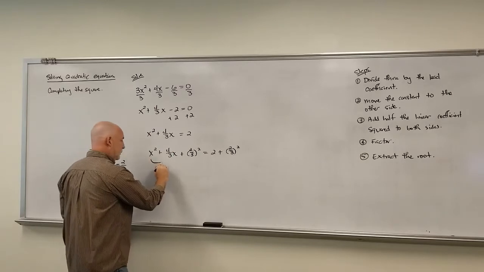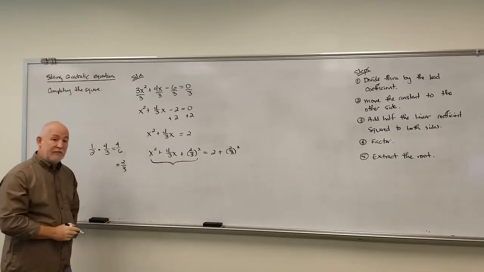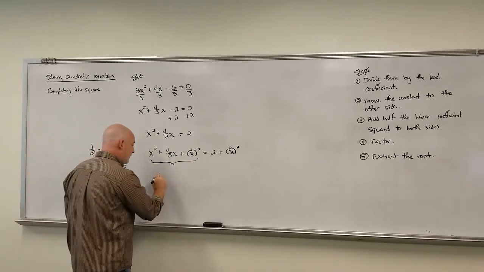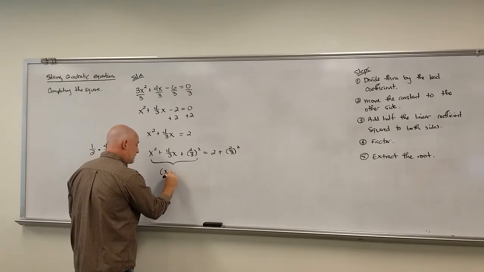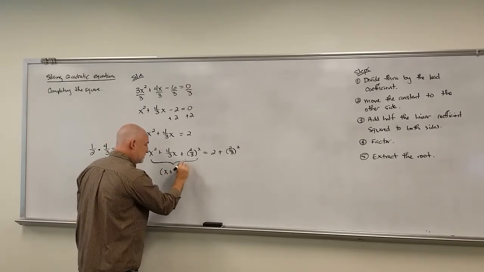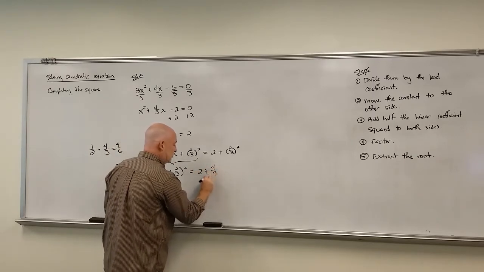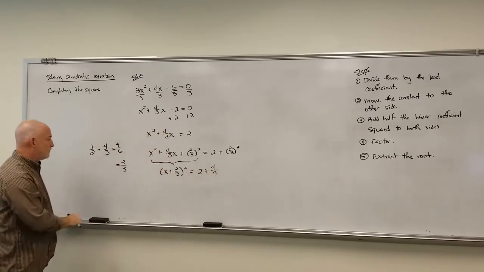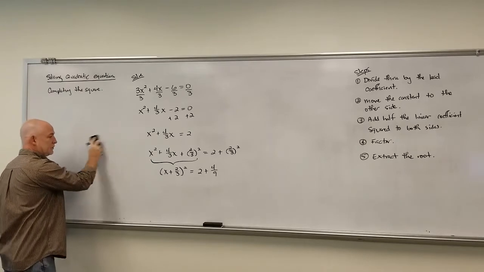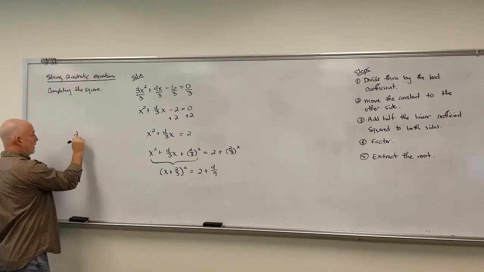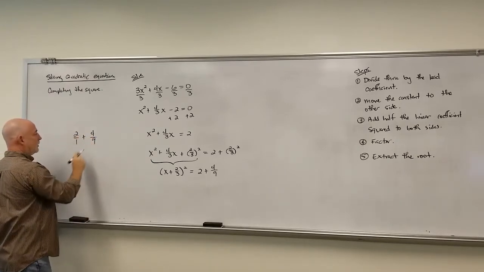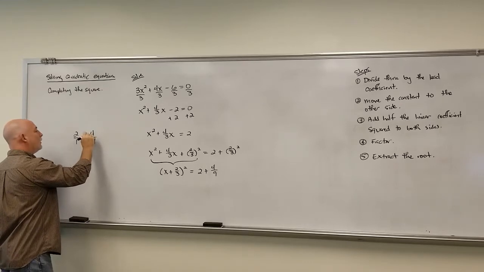Now I know it looks ugly, but we know how this left side factors because we made it work out like this. So over here, this factors to x plus 2/3 squared. Now on the right hand side, we do need to work out what those numbers are. So let me come this way and just do a little bit of arithmetic. So 2 plus 4/9.